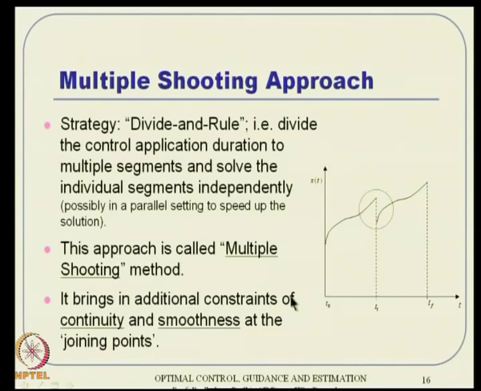So, it is our duty to enforce that wherever you are splitting the problem, we need to guarantee continuity and smoothness. That brings in additional constraints at the joining points, and this is possible, but do not keep on blindly applying it, that is the message there.